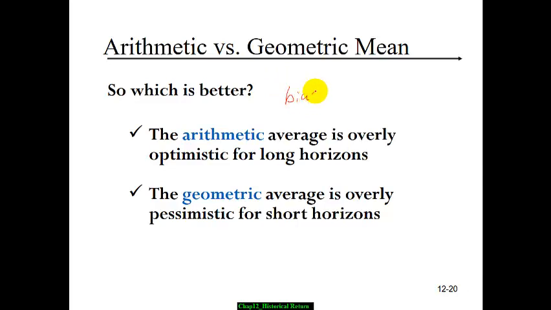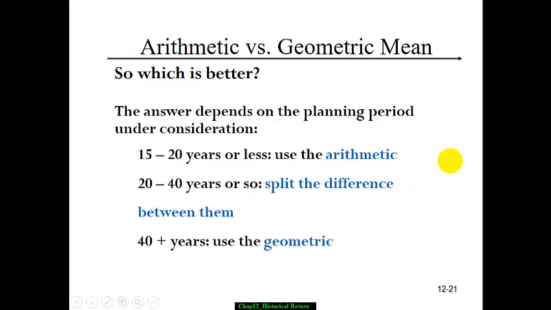So which one's better? Both measures are biased. The arithmetic average is too high, too positive, while the geometric average is too low. So in practice, the normal recommendation is if you have a very short-term investment, less than 20 years, we recommend using the arithmetic average.